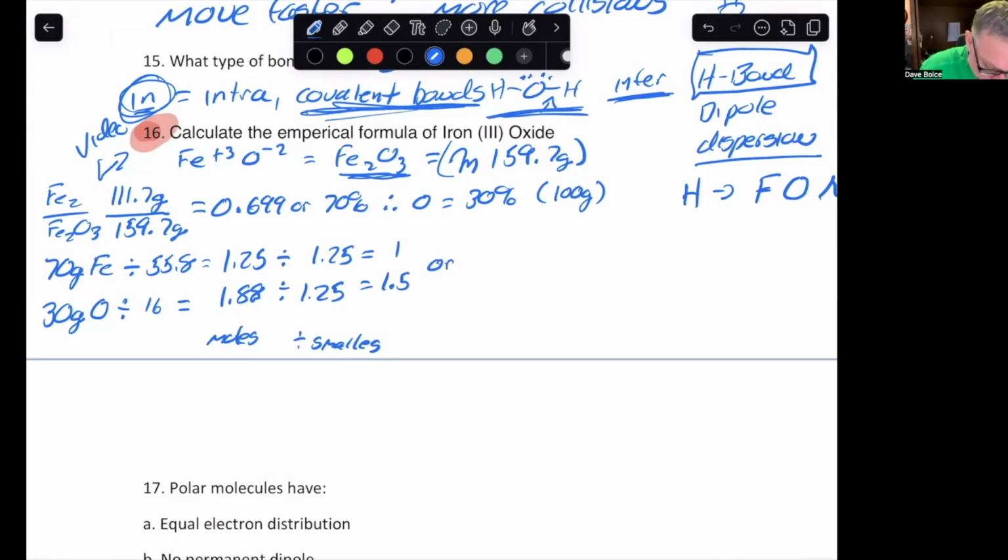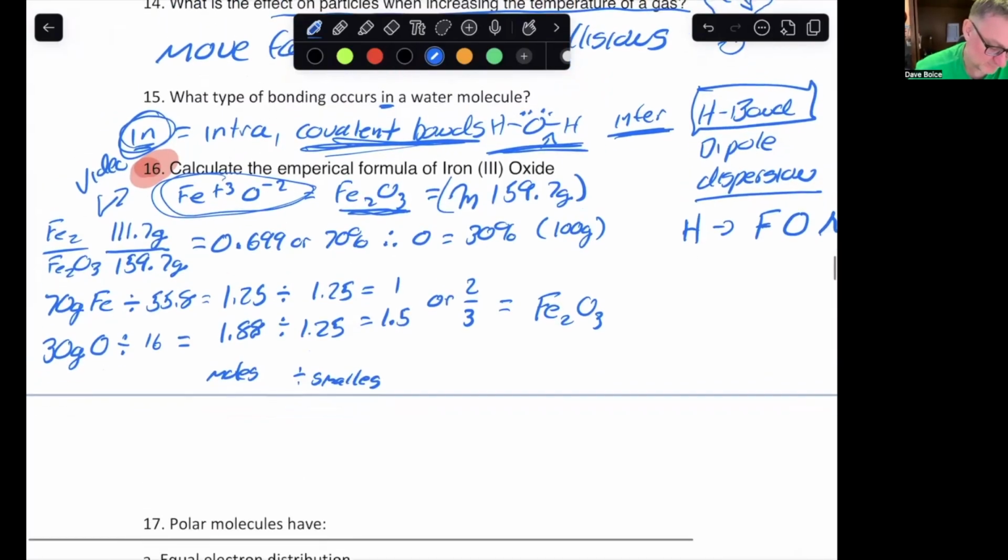So it's a 2 to 3 ratio. And so that sort of proves that it's Fe2O3, which is also how it goes together by charge. So this sort of mathematically proves it.